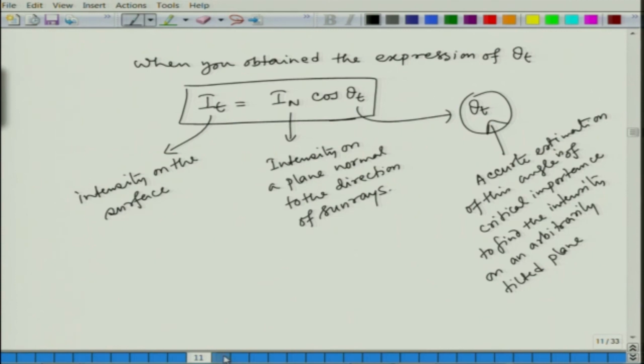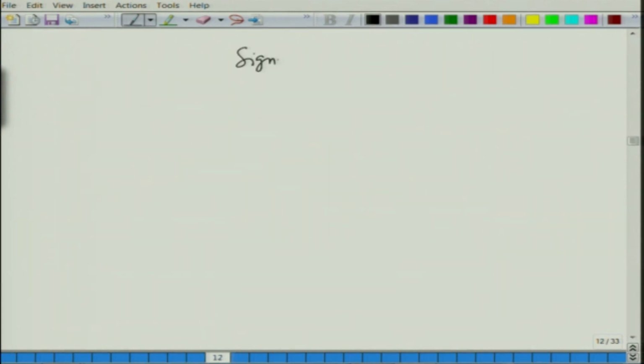Now, let me look at a few of the sign conventions of these different angles. So far we did not talk about the sign conventions because we tacitly assumed these sign conventions. So, now we will explicitly state it.